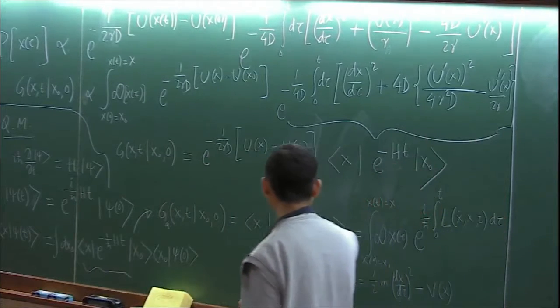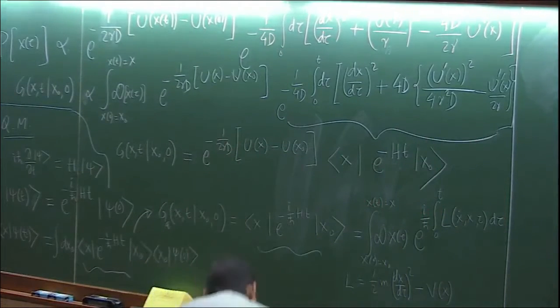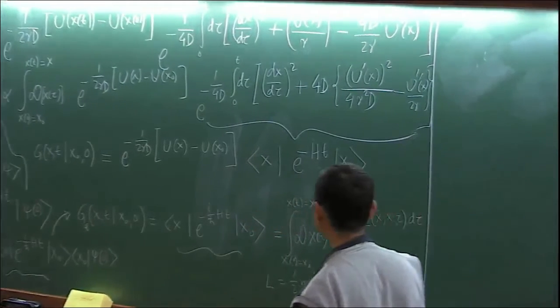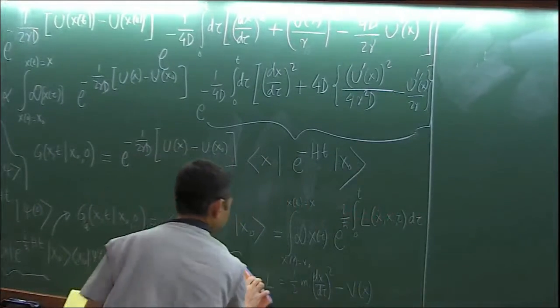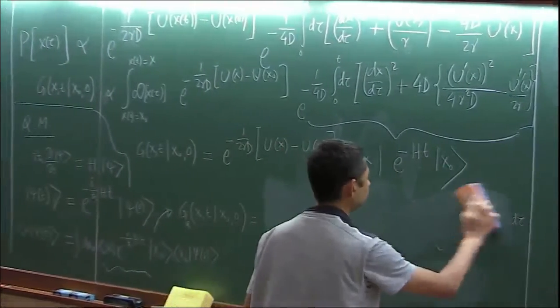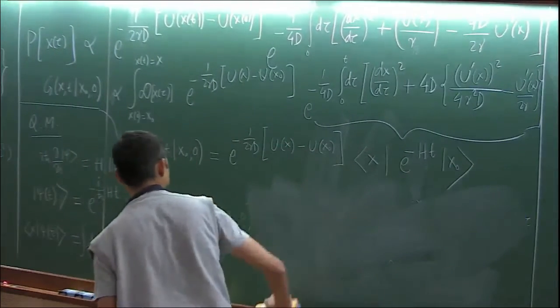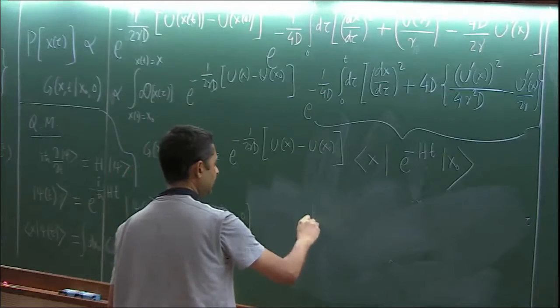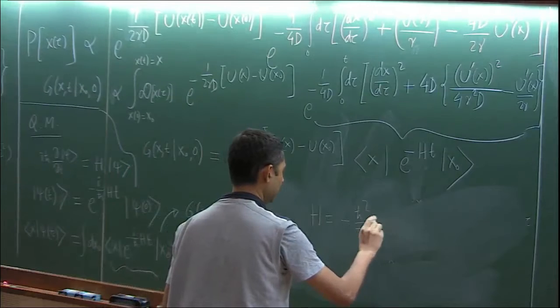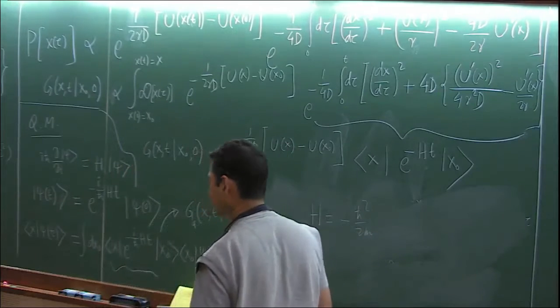So your h, let me just plug it here. Now your h is just minus h cross square by 2m, which is d.